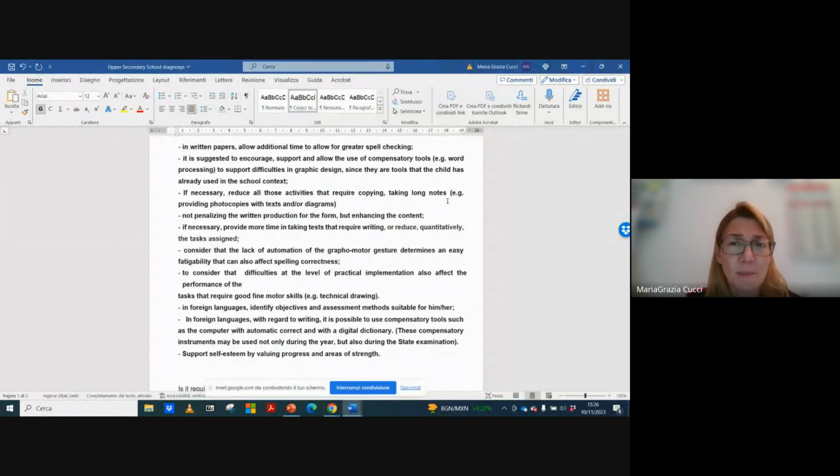I write on my blackboard, and then the student does not have to take notes, but he can, for instance, take a picture of the blackboard. No long notes, no difficulties in writing, in copying, but the same result in having the content that we try to give him or her. Not penalizing the written productions for their form, but enhancing the content.